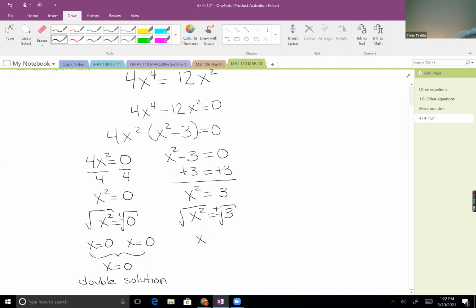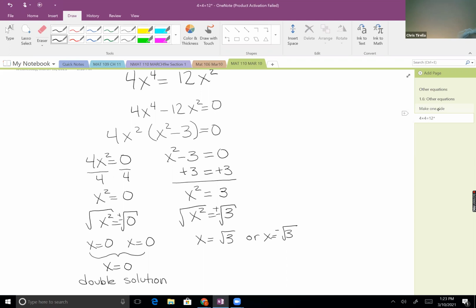And so we get x equals the square root of 3 positive, or x equals negative square root of 3.